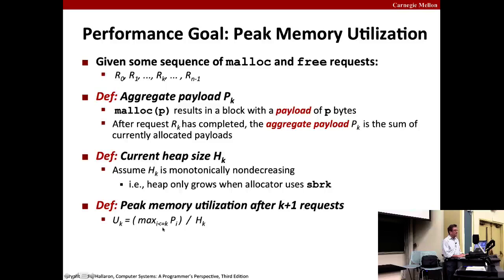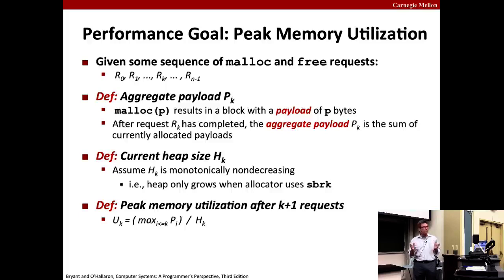In the best case, each block in the heap consists of pure payload, so the utilization would be 1. That's the best we can do. But in practice, the allocator is going to have data structures and padding inside each block that keep it from getting perfect utilization.